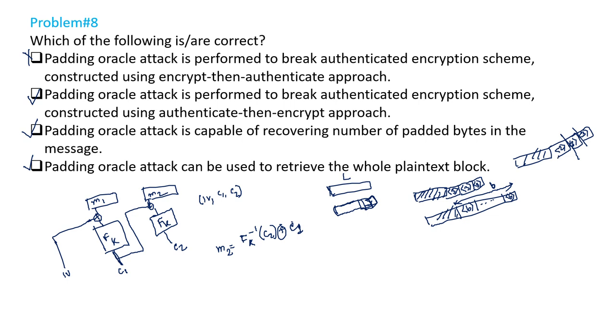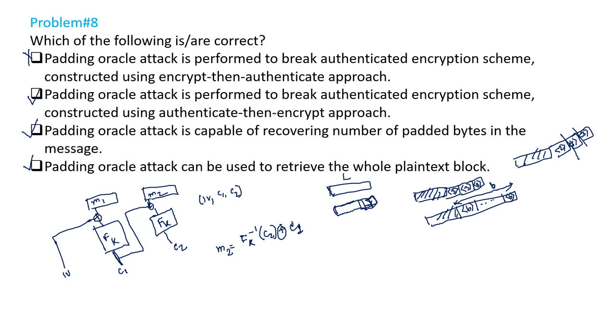That means something wrong happened, and you raise a padding error, a bad padding. Now if an adversary is manually tweaking the ciphertext while exploiting the decryption oracle service, it is corrupting the first byte of C1, so that the first byte of M2 gets corrupted. If the first byte of M2 is also part of padding, then the padding will be wrong and it will throw a bad padding error.